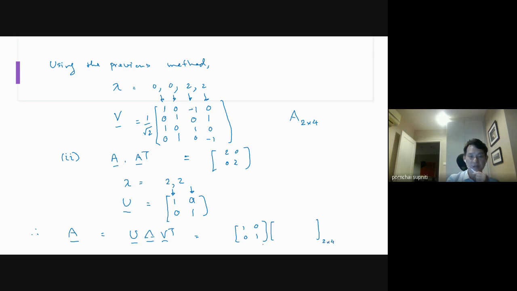U is 2 by 2, and V has a size of 4 by 4.